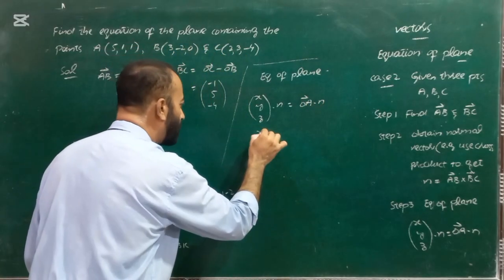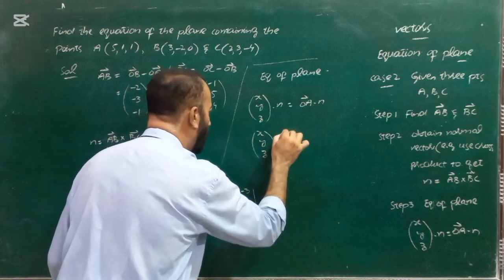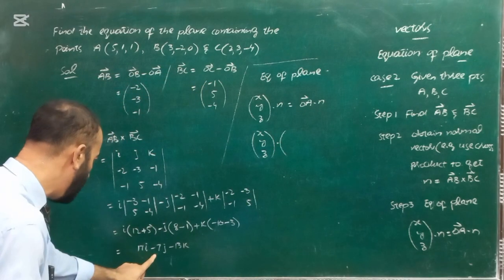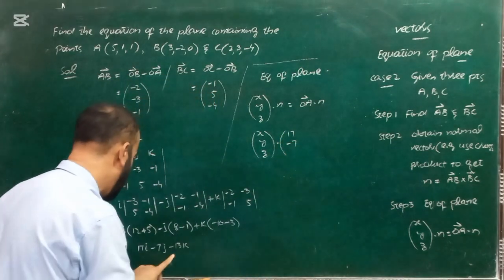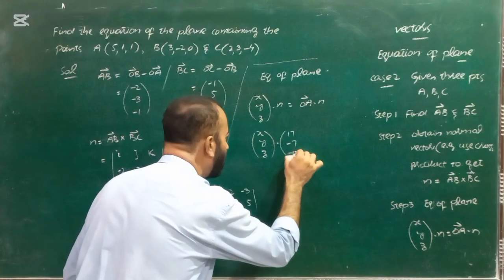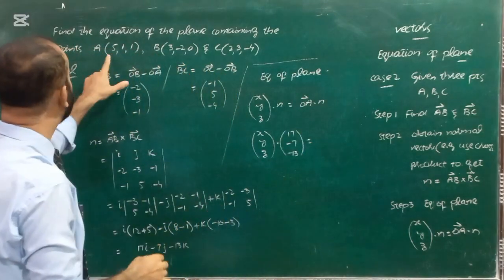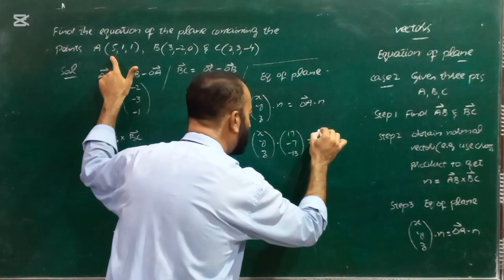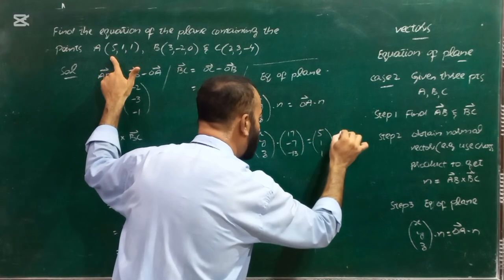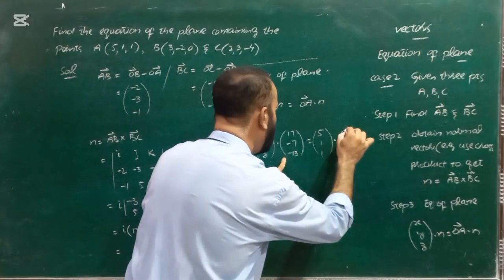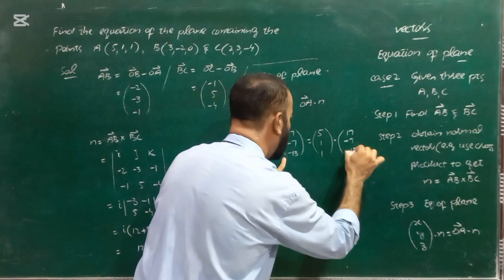So look now, xyz dot n, where n is 17, minus 7, and minus 13, equal to OA dot n. Here A is 5 1 1, dot n, n is 17, minus 7 and minus 13.